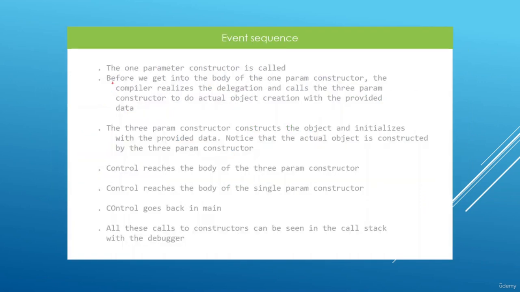So what is going to happen here? The one parameter constructor is going to be called if you pass one parameter when you are creating your object. Before we get into the body of the one parameter constructor, the compiler is going to realize the constructor delegation, and it is going to call the three parameter constructor to do the actual object creation. Then the three parameter constructor is going to construct the object, and it's going to initialize the object with the provided data.